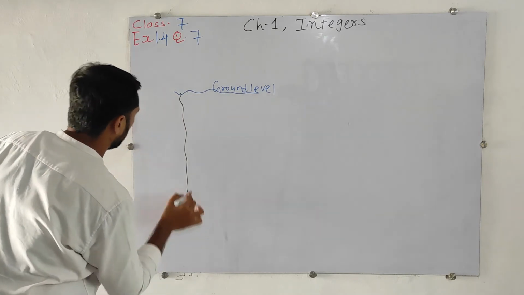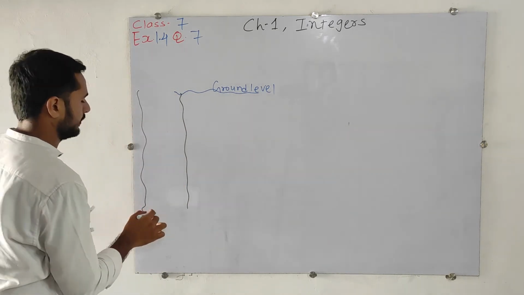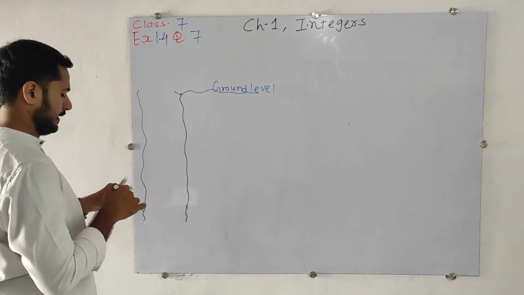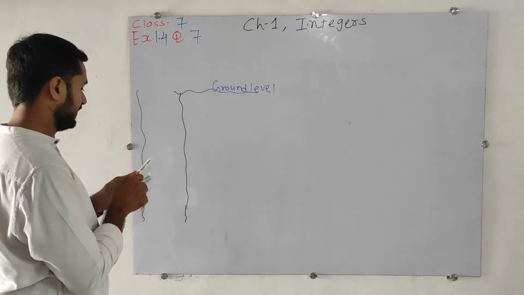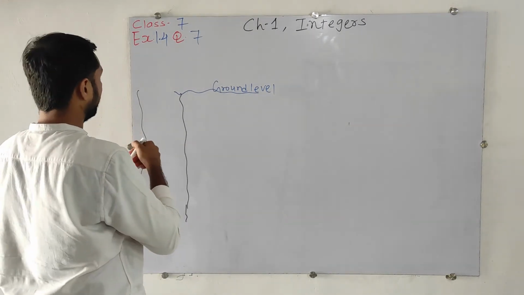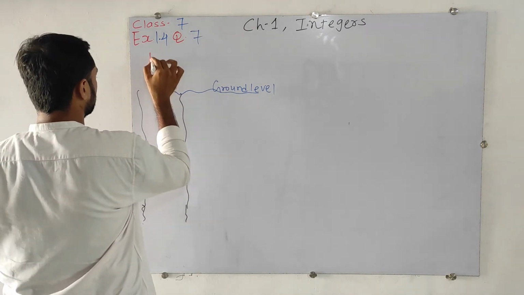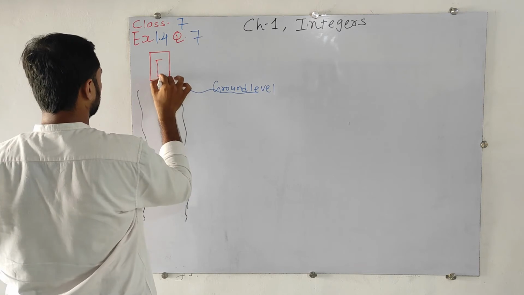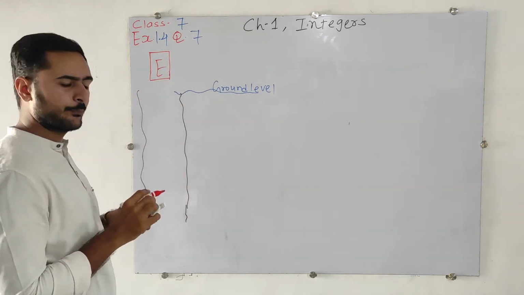Here is the mine shaft, fine. And the elevator is there from the ground level, 10 meter above. So suppose the elevator is something like here. Here is the elevator. Okay, I am just showing that by E.